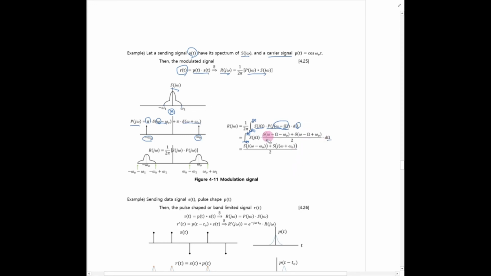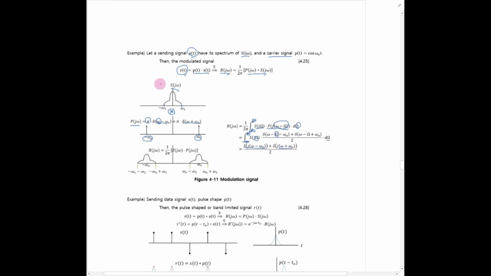Then by the property of the delta function, the integration variable Omega should equal omega minus omega 0 to be non-zero. So this Omega is replaced by omega minus omega 0. That's this part. And what about here? Omega should be omega plus omega 0. So it gives this one. Except that, all other values are 0. So it gives this result.